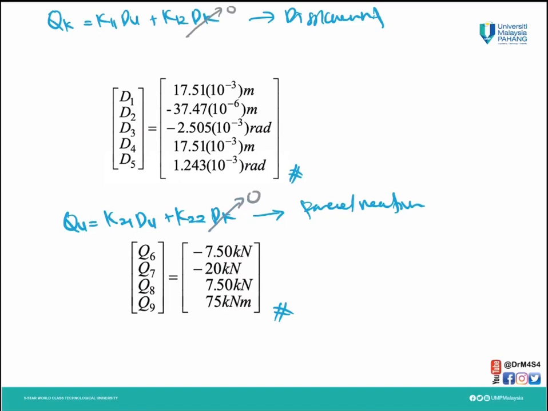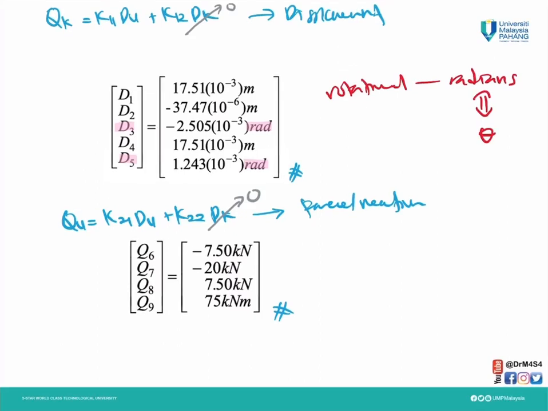Before I forget, for D1 and D5, the unit is in radian because it's rotational. So from radian, you can change to angle.